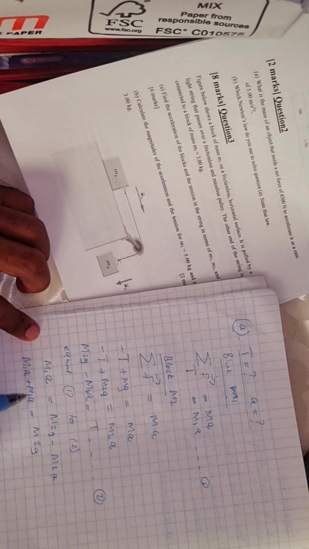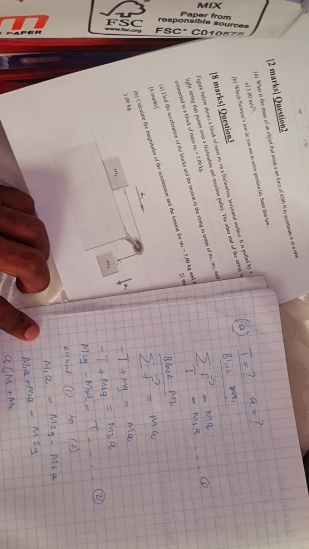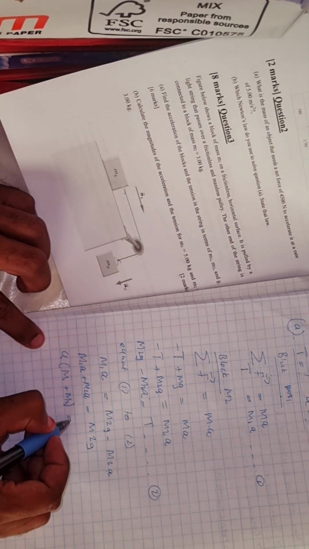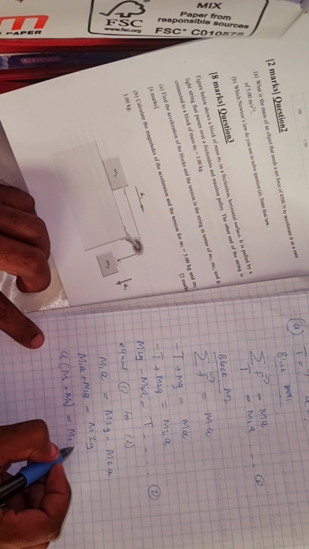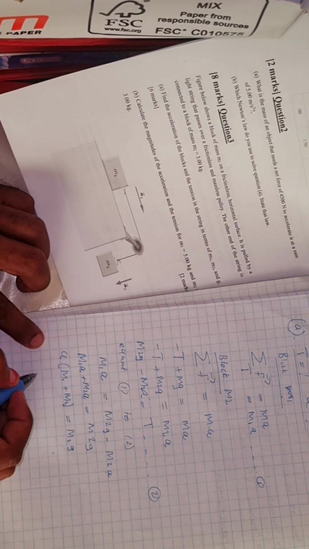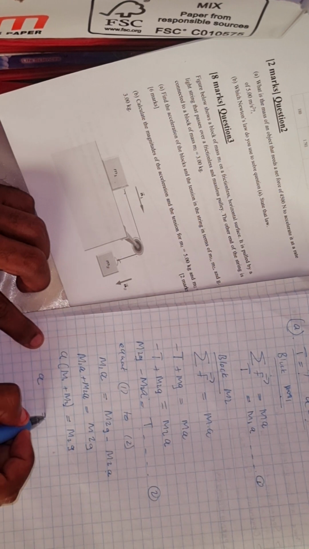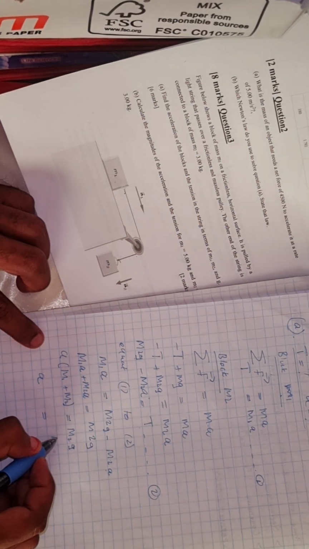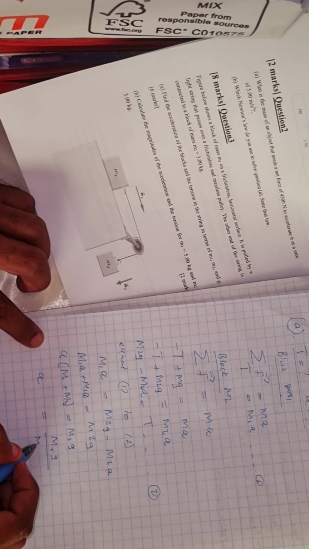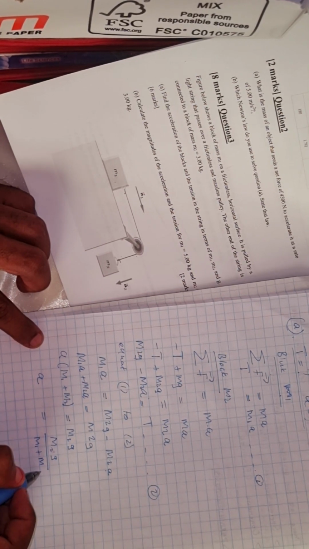And therefore I'm going to take A as a common factor. I'm left with M1 plus M2 close bracket is equal to M2G. And therefore I divide both sides by M1 plus M2. That means A, which is my acceleration, will be equal to M2G divided by M1 plus M2.